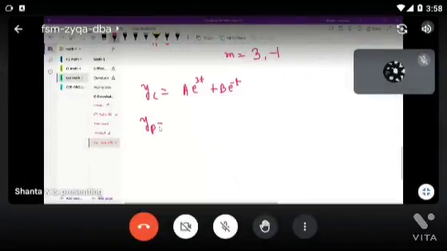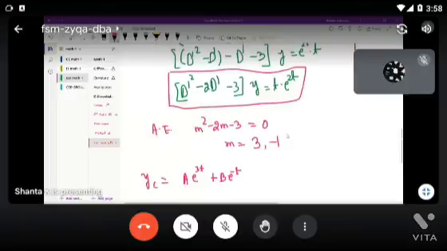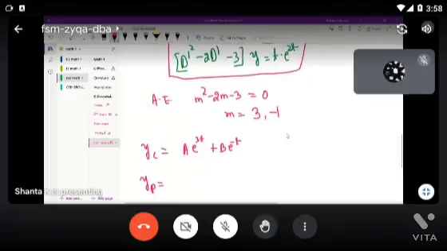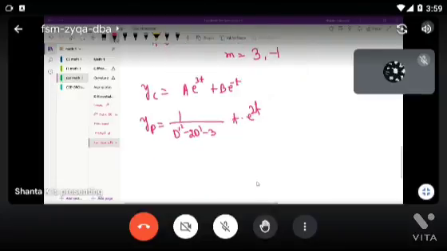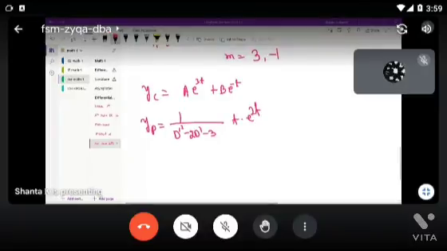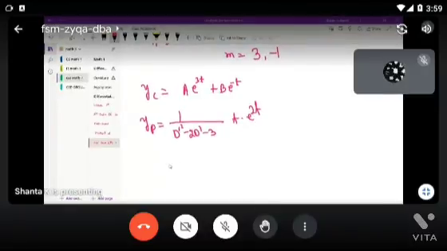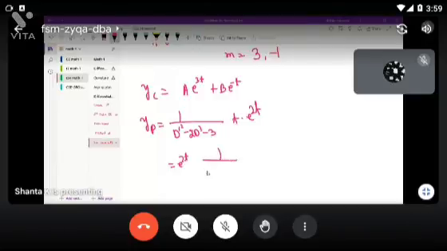So yp, the particular integral, will be 1 by D' squared minus 2D' minus 3, and here we have t into e power 2t. So we can use the formula for e power ax times a function of x. Okay, so if you take e power 2t to this side, we will replace D' by D' plus 2.